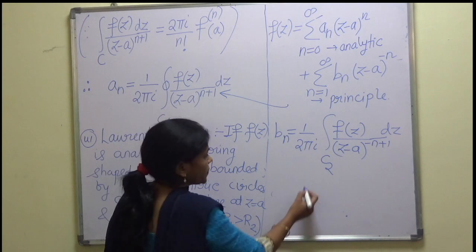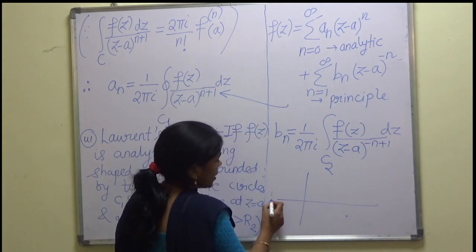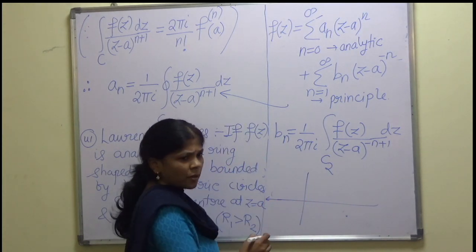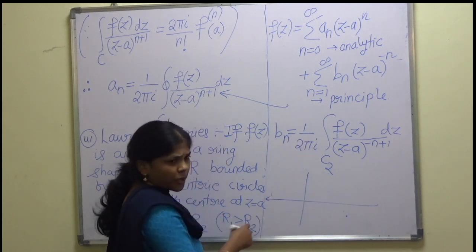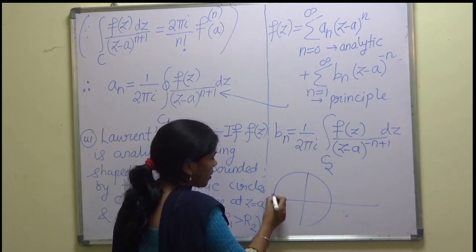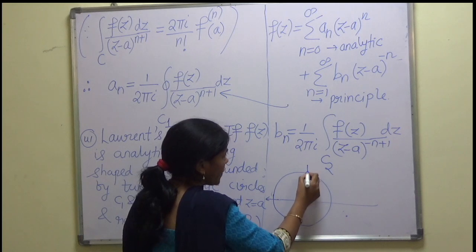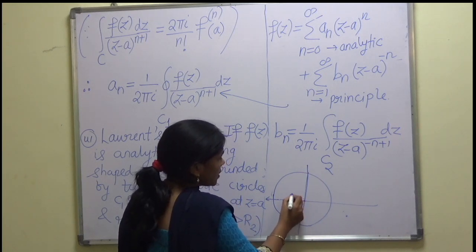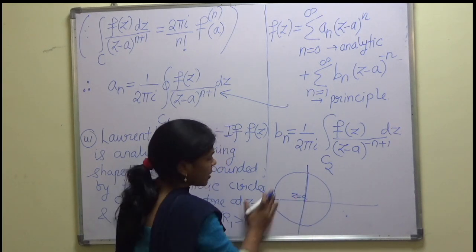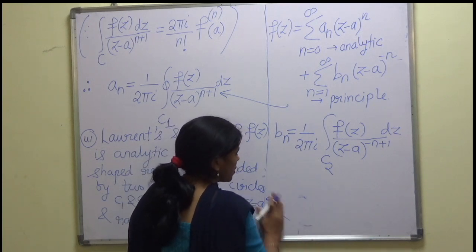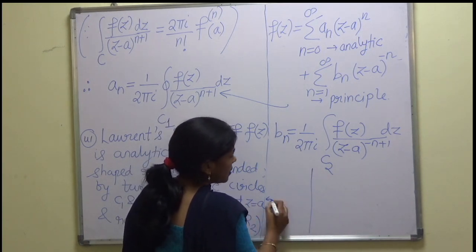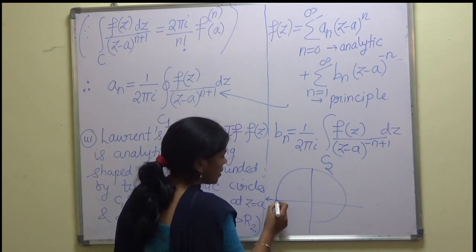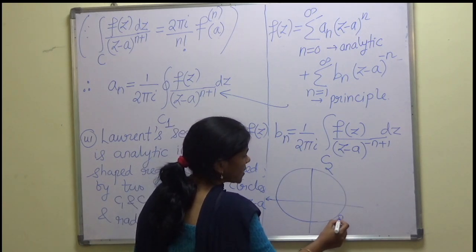Now here you can have the diagrammatic situation of what C1 and C2 are. I am having circle 1 with center at z equal to a, whose radius is r1.